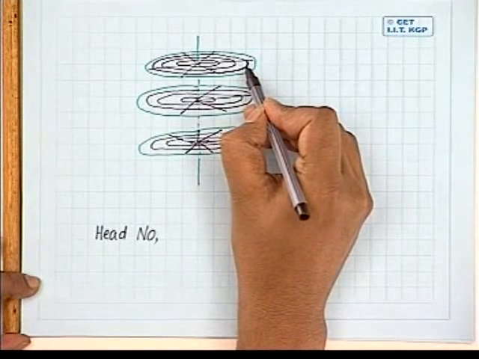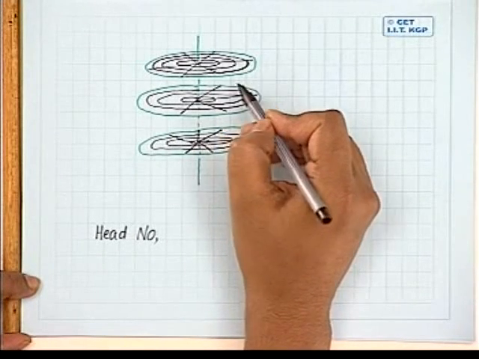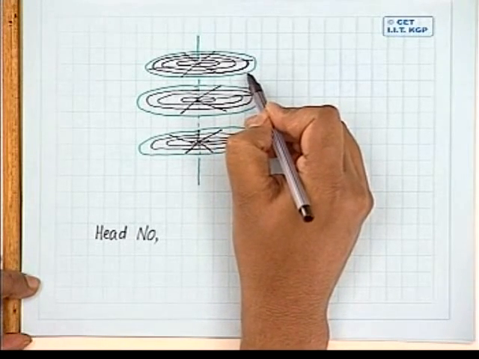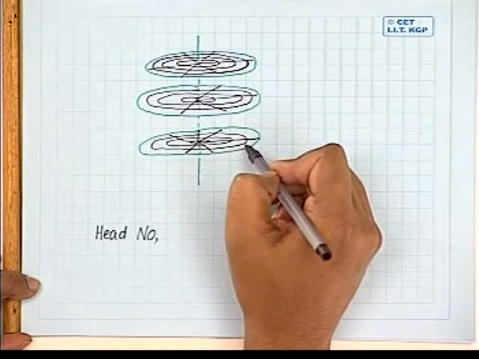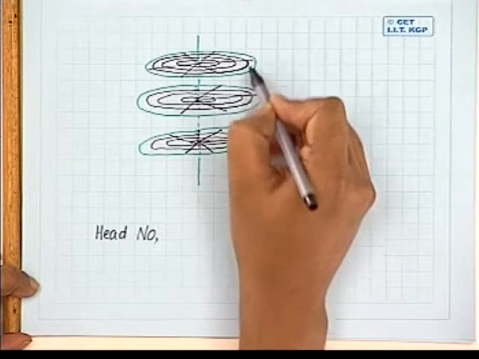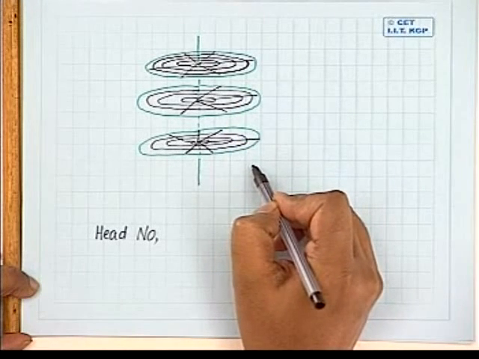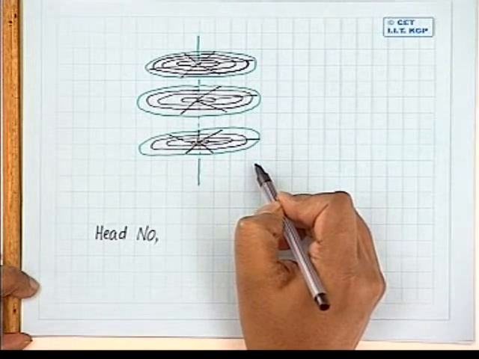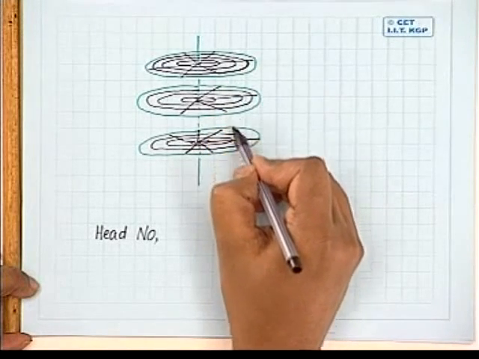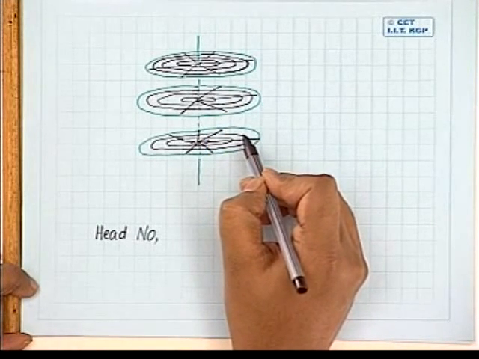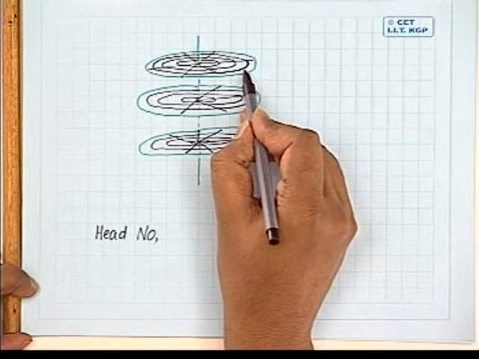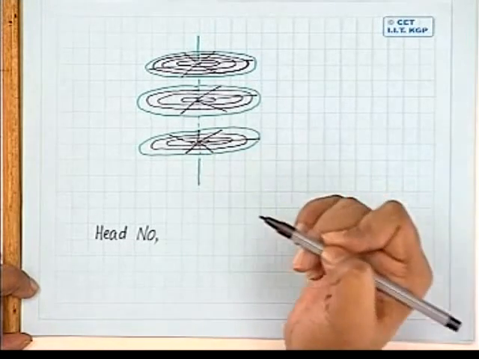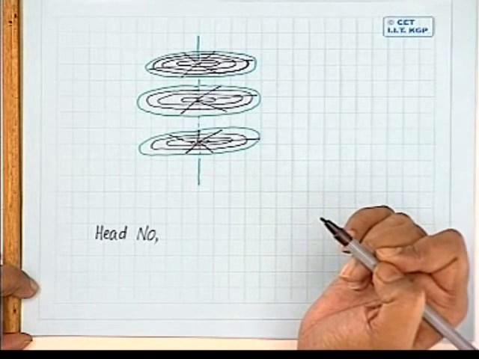So the 0th track of the first disk's top surface, the 0th track of the first disk's bottom surface, the 0th tracks of the second disk, the 0th tracks of the third disk, all these 0th tracks form a single cylinder. Similarly, all the first tracks also form another single cylinder. So instead of telling the track number, I can also specify this as a cylinder number.